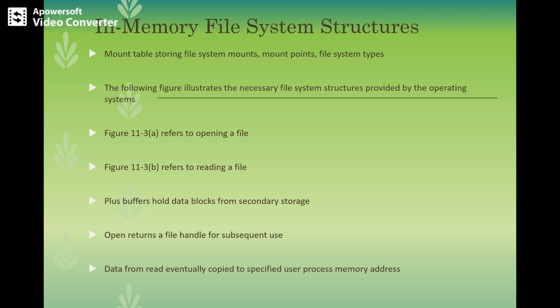The in-memory directory structure holds the directory information. So the structures in in-memory file systems are the in-memory partition table, the in-memory directory structure which holds information about the directory, the system-wide open file table, and also the per-process open file table. So let's see them.